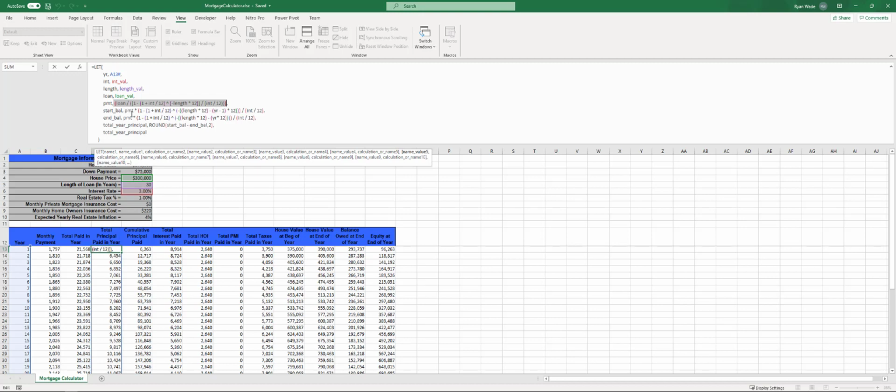So the formula to calculate the balance at the beginning of the year is this expression right here. The expression that we need to calculate the balance at the end of the year is this expression here. Now that we have both of those variables defined, we can easily get the principal paid in the year by subtracting the ending balance from the starting balance.